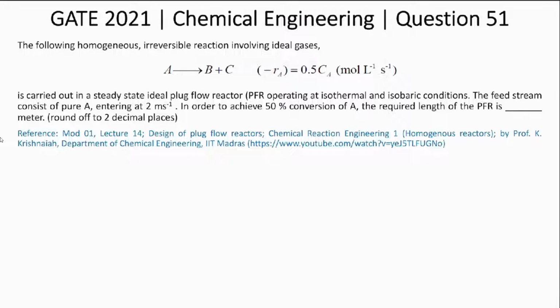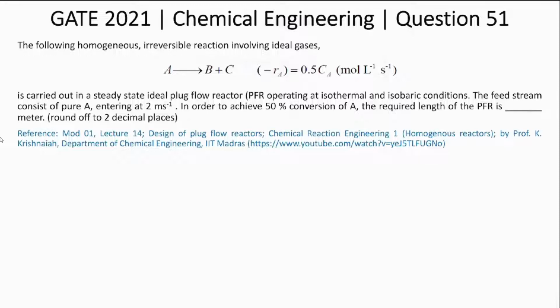So the following homogeneous irreversible reaction involving ideal gases, A gives B plus C, with the reaction rate minus r_A is equal to 0.5 C_A, is carried out in a steady state ideal plug flow reactor or PFR operating at isothermal and isobaric conditions.